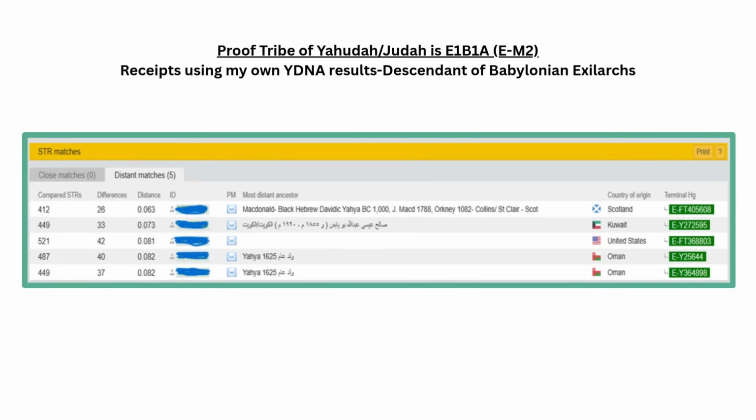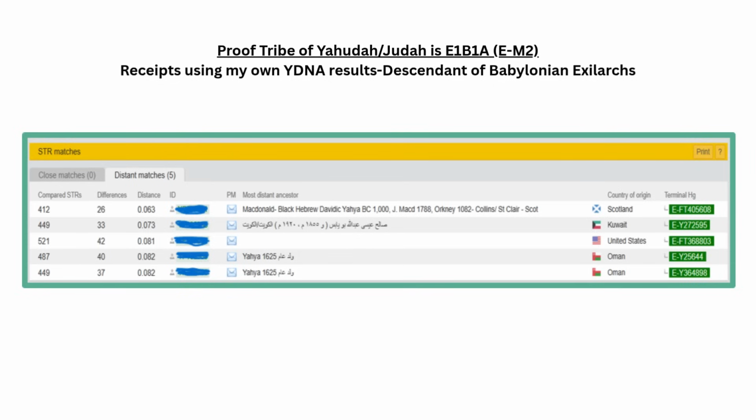And in YFull, you can see your DNA matches that, again, as I mentioned earlier, Y-DNA tests go back thousands of years. So on YFull, you can see your DNA matches from antiquity to 1,000 years. It doesn't tell you exactly how many years ago, but that data I'll explain.